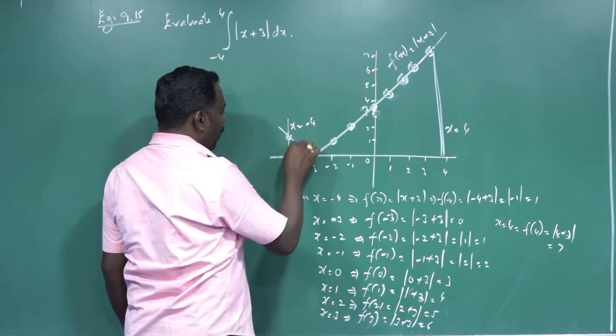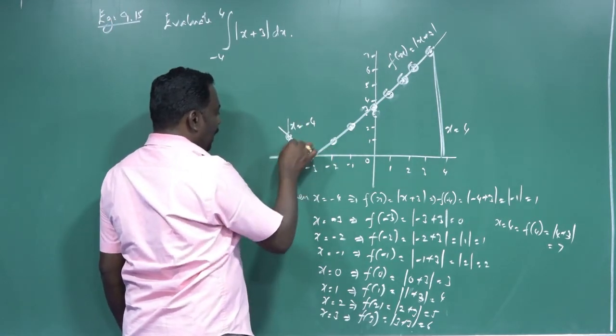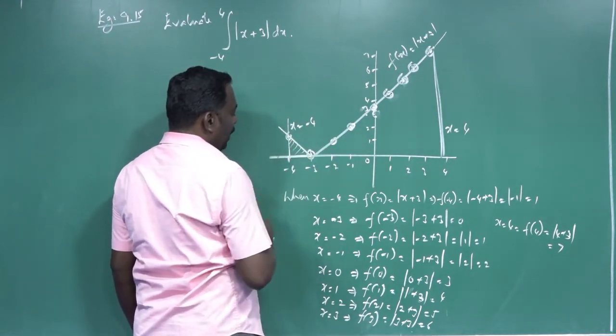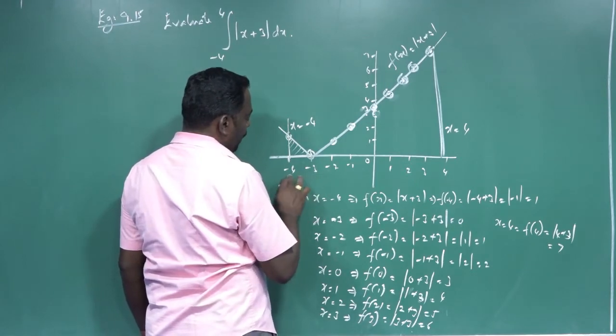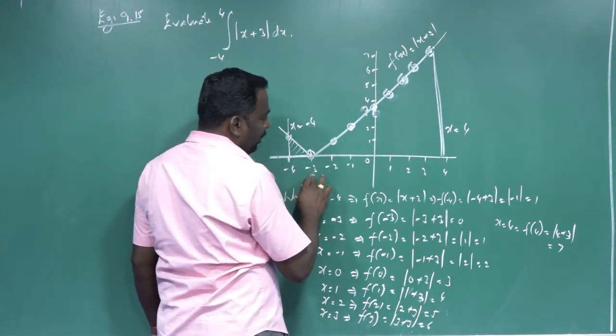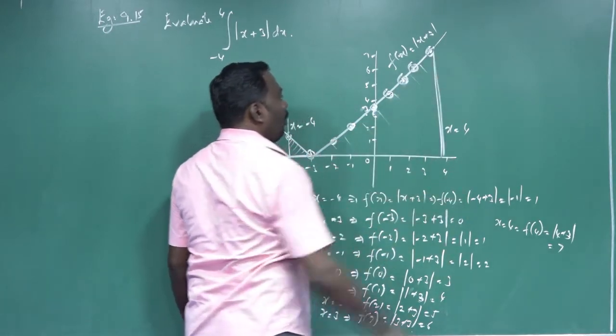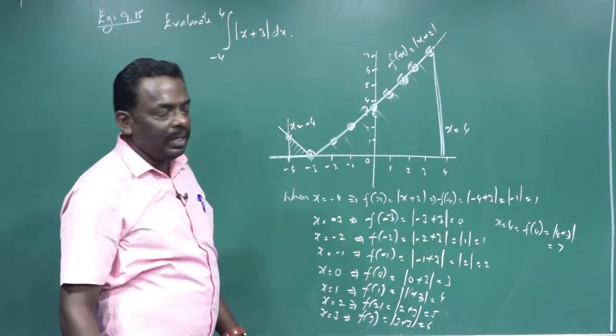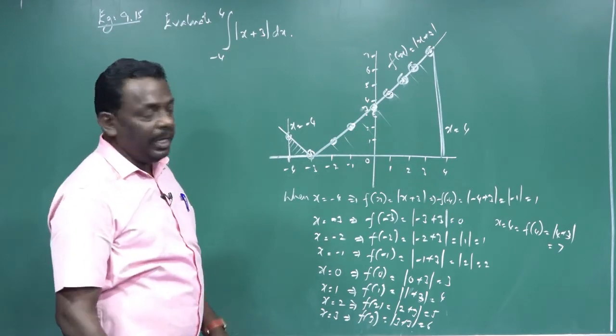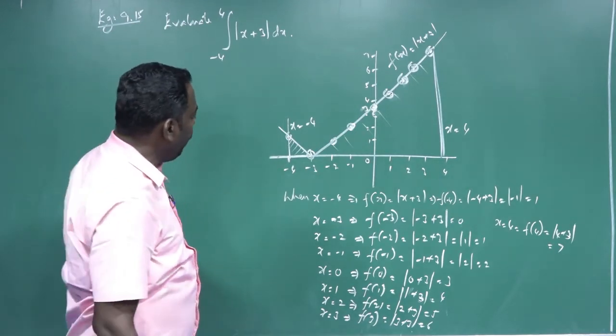Therefore we have to find the area obtained in the interval of minus 4 to plus 4, that is minus 4 to minus 3 and minus 3 to plus 4. This total area we have to find by applying the integral. But there is no need to find the area, we find the integration only.